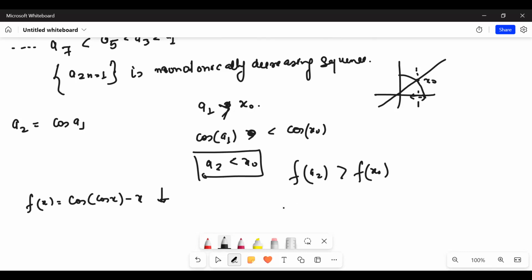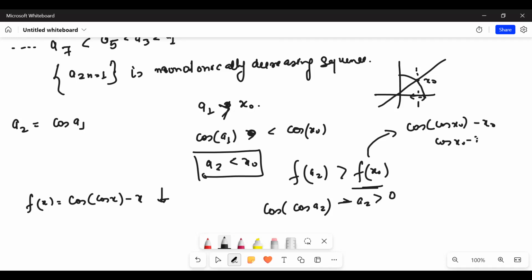And f of a2 is cos of a2 minus a2, which is greater than 0. Remember, f of x naught is cos of x naught minus x naught, and x naught is that point where cos of x is equal to x, so this goes to 0. Cos of a2 is a4, so a4 would be greater than a2.